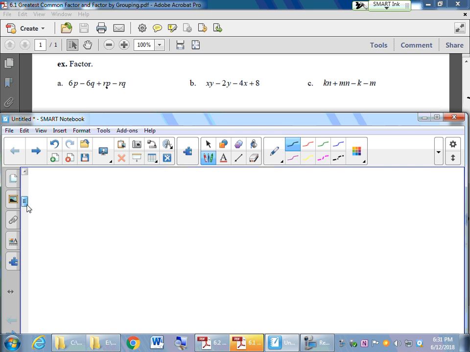Example B: xy minus 2y minus 4x plus 8. Once again, without thinking anything, we will group the first two terms and the last two terms.